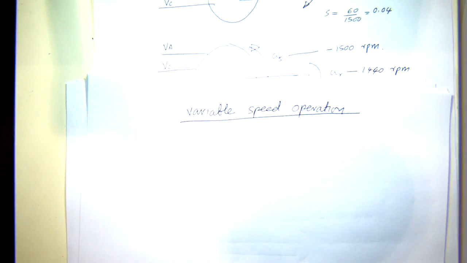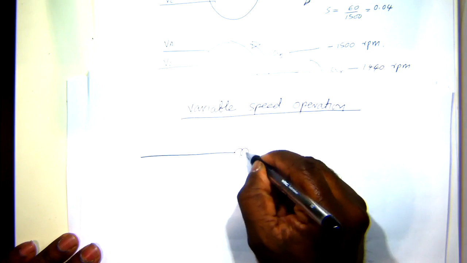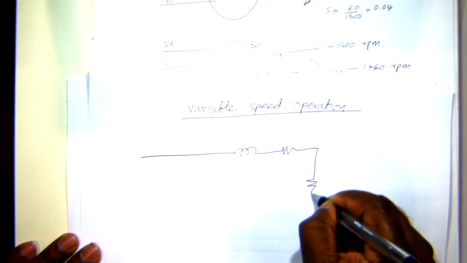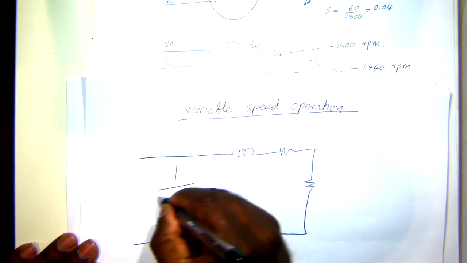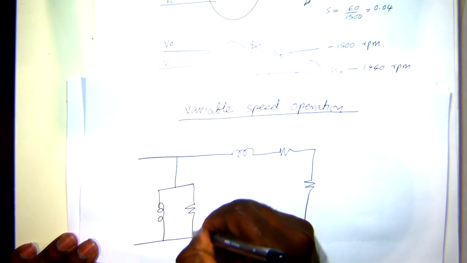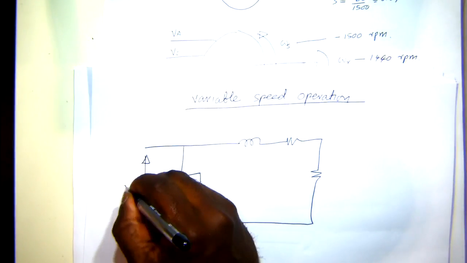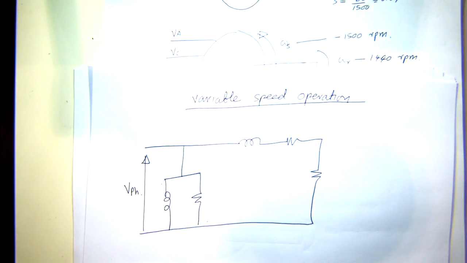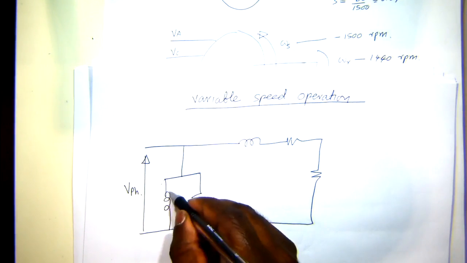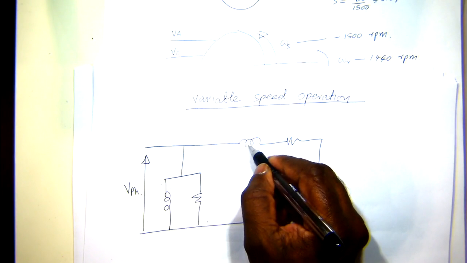If you look at the equivalent circuit of the induction machine, you have this form of circuit, and you are feeding it with a certain per-phase voltage. Let's say this reactance and this reactance are functions of frequency.